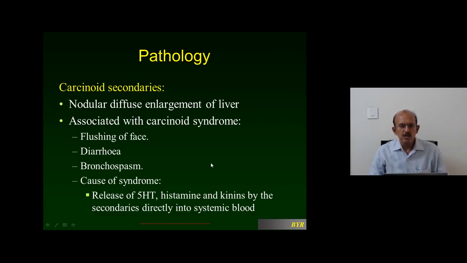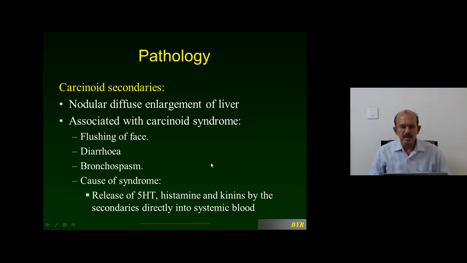But when this tumor becomes malignant and metastasizes to the liver and causes multiple deposits in the liver, then these secondaries are functional. Functional means they also secrete these chemicals. So then these chemicals are directly poured into the systemic circulation. That is why carcinoid syndrome is present only in liver secondaries.